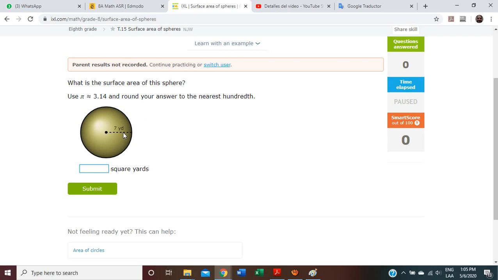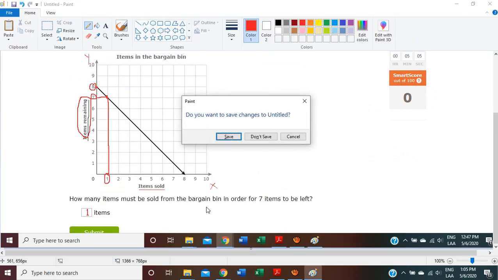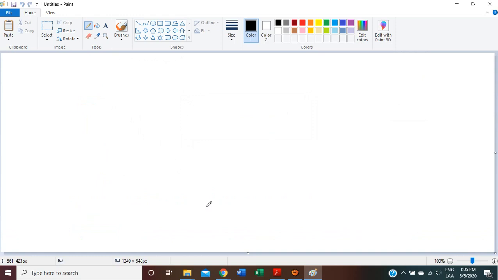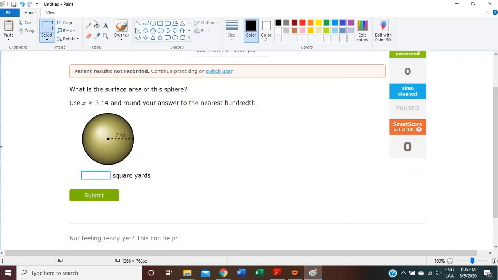All right, so to solve this, what is the surface area of this sphere? The radius is 7. Remember what the formula is. Let me print the screen, go back to Paint, and remember the formula.